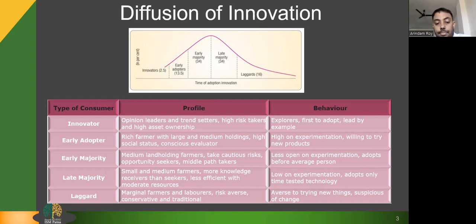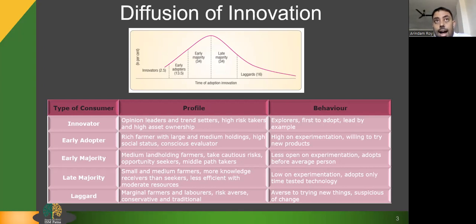Then would come the late majority, where the small and medium farmers would be part of it, who are more knowledge receivers than knowledge seekers. They would receive the information or knowledge about a particular kind of product, but they are not going to go out and seek different products available in the market.